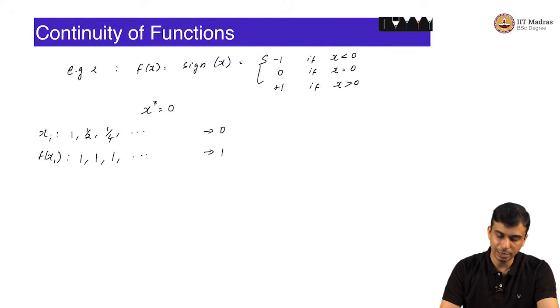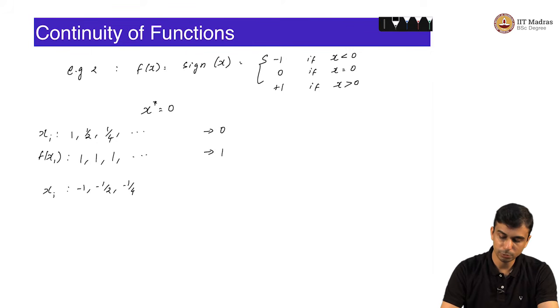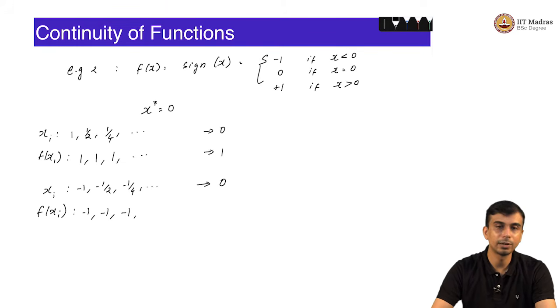So we can have one other sequence which converges to 0. For example, let us say pick xi as minus 1, minus half, minus 1 by 4, and so on. This also converges to 0, but f of xi does not converge to 0, but rather it converges to minus 1, because for every element in this second sequence, f of xi is equal to minus 1.